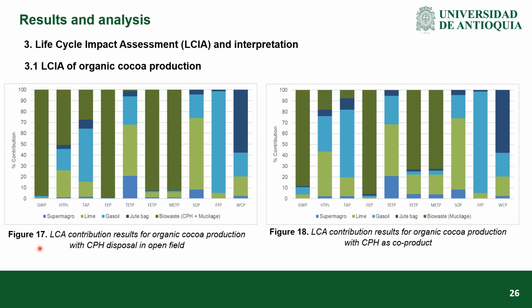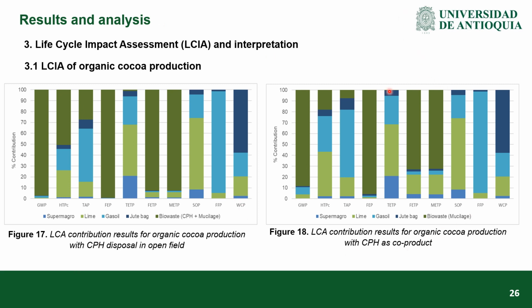The biowaste degradation also generates leachates that cause soil alterations such as acidification, and these leachates eventually end up in bodies of water, leading to adverse effects including eutrophication and ecotoxicity in both freshwater and marine water.